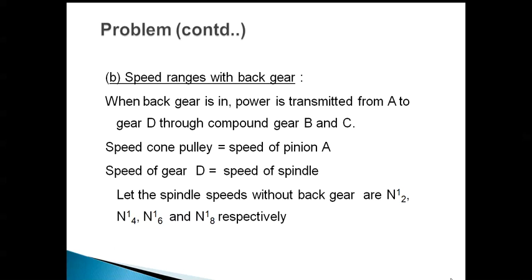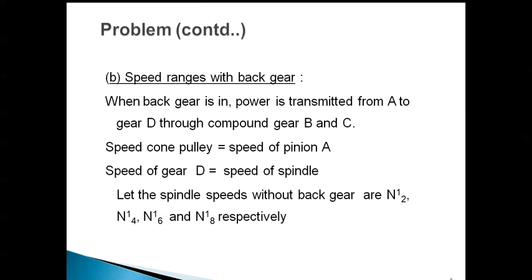So this can be found out. Speed ranges with back gear: when the back gear is in, power is transmitted from gear A to gear D through compound gears B and C. So power is transmitted from gear A to B. B and C are on the same shaft, so power will be transmitted to C. Through C, gear D will rotate.